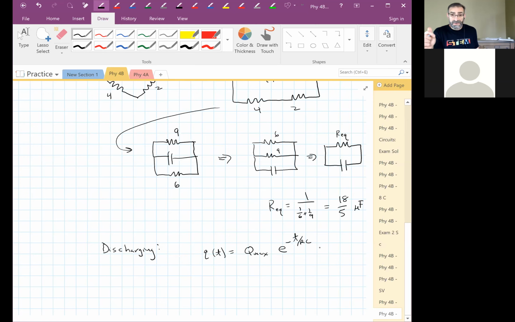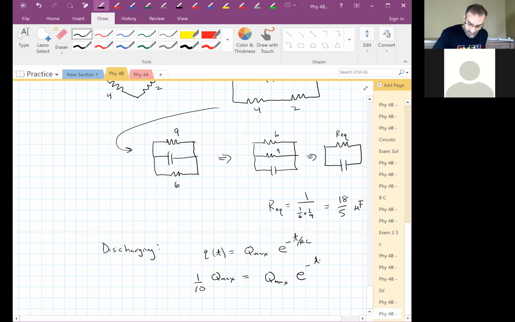So we're looking for the time when Q is 1/10 of its maximum value. So over here, I'm going to put 1/10 Q max on the left side of my equation. And the right side of my equation, I'm going to leave the same. And I'm going to solve for t.